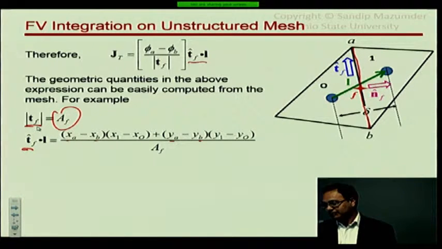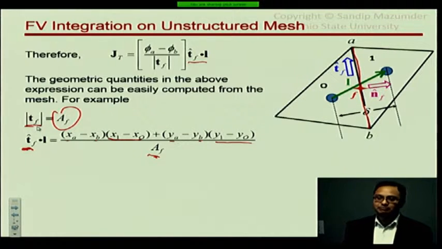And the L vector is X1 minus X naught i plus Y1 minus Y naught j. And so you dot the two, you get this term. The division by the area is because I'm converting the tangent to a unit tangent, and AF is nothing but the length of the tangent. So it's just a simple geometry calculation, direct dot product.